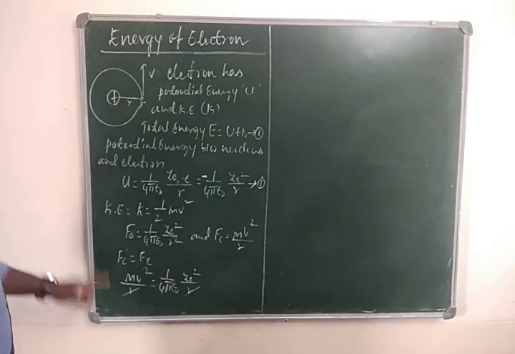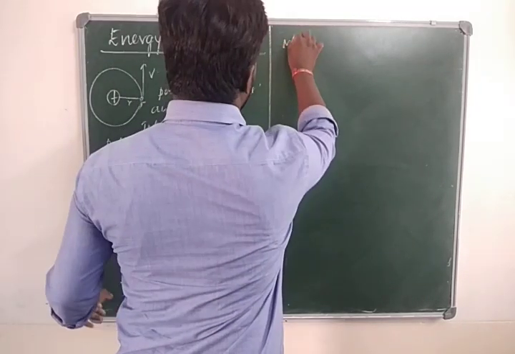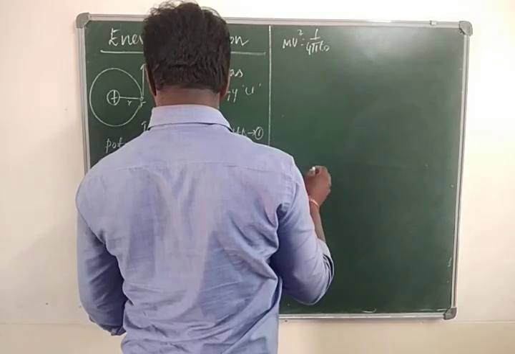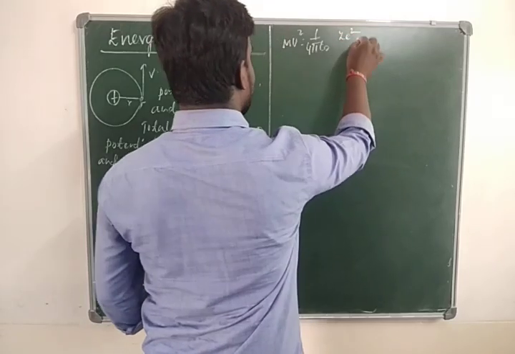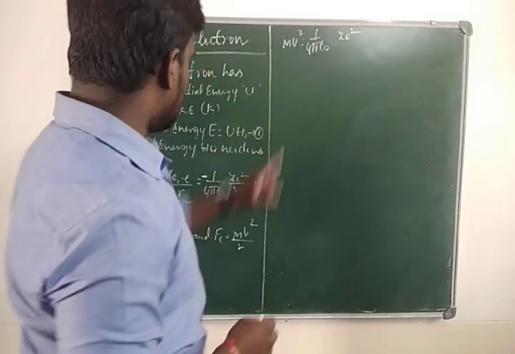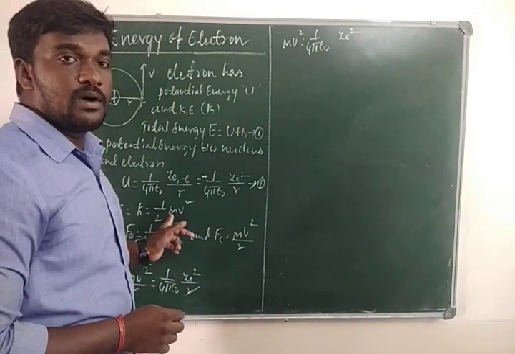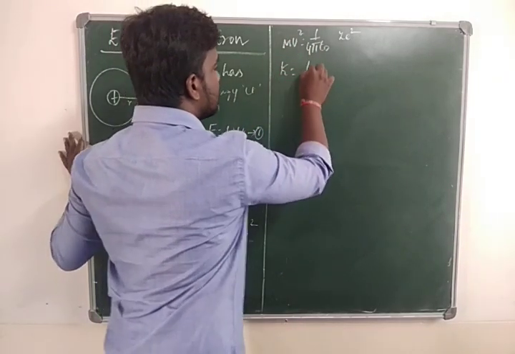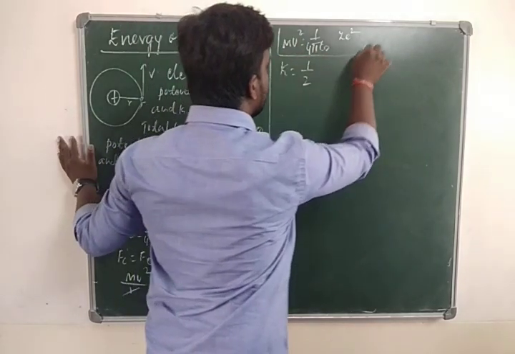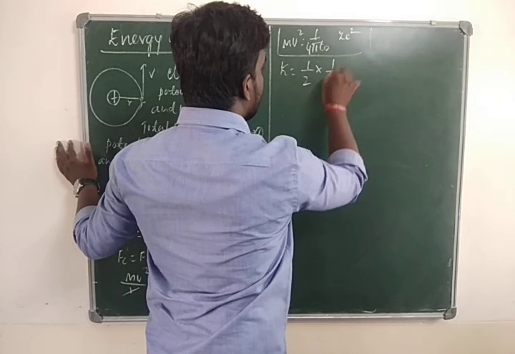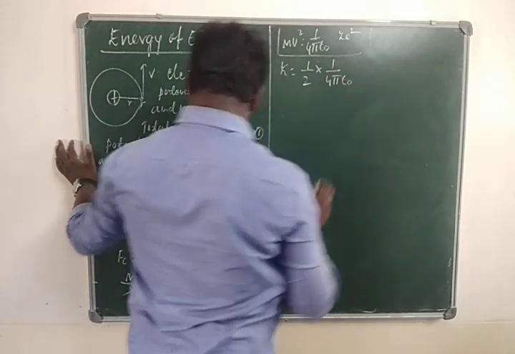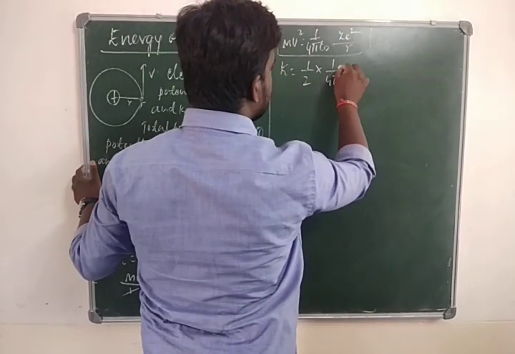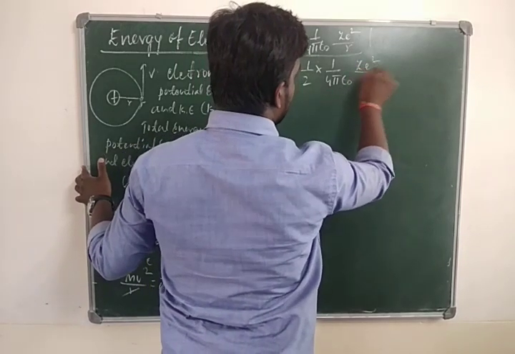One r gets cancelled. The remaining mv square is equal to 1 by 4 pi epsilon naught into Ze square by r.